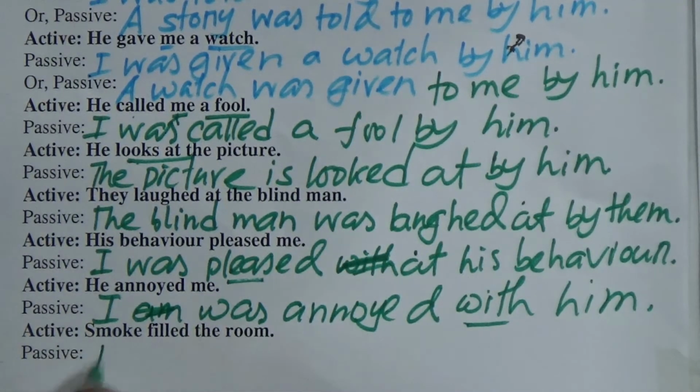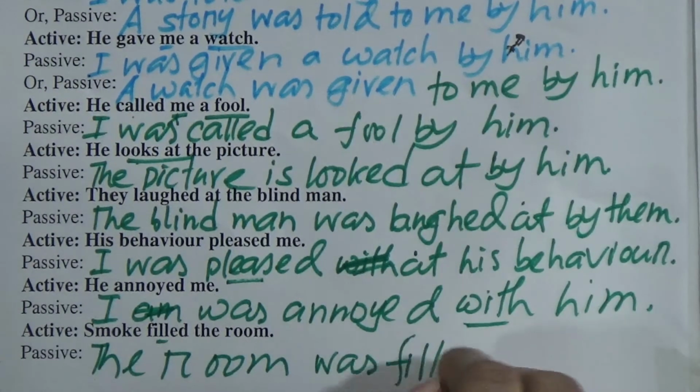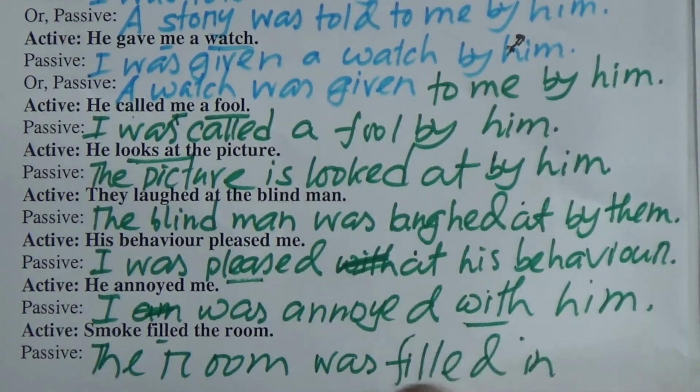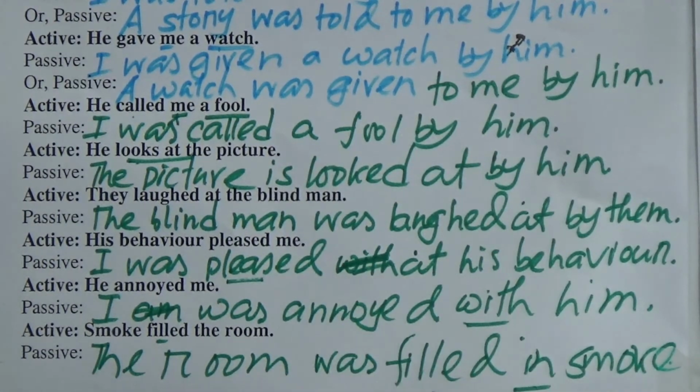Smoke filled the room. In this case, the room is the object, and filled is past indefinite tense. The room was filled. The verb filled takes the preposition with. The room was filled with smoke. We haven't used by because this verb takes the preposition with.